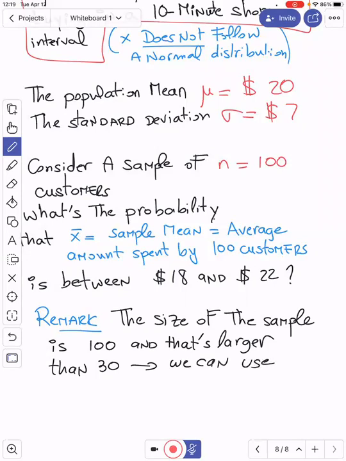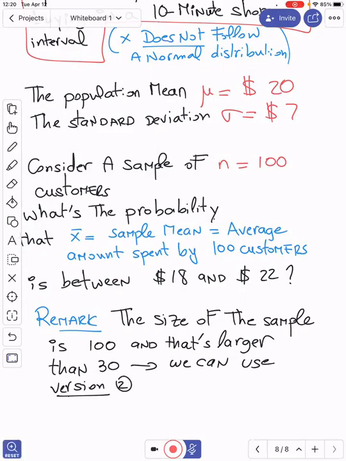If it's not larger than 30, this X bar cannot really be approximated by a normal distribution, so you're going to get something which is not true. Then you can use something else, which we will discuss in chapter 9, I think. But in order to use the normal distribution, you need a sample size larger than 30.